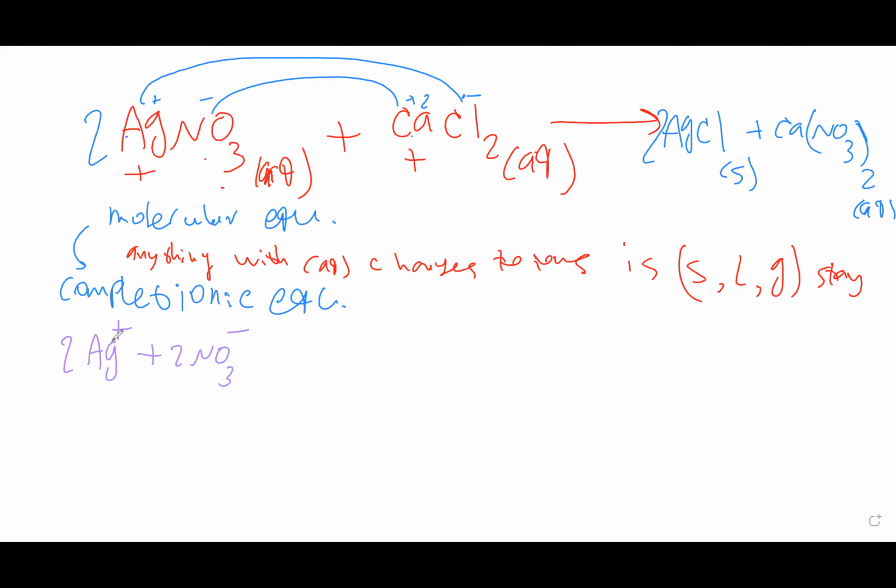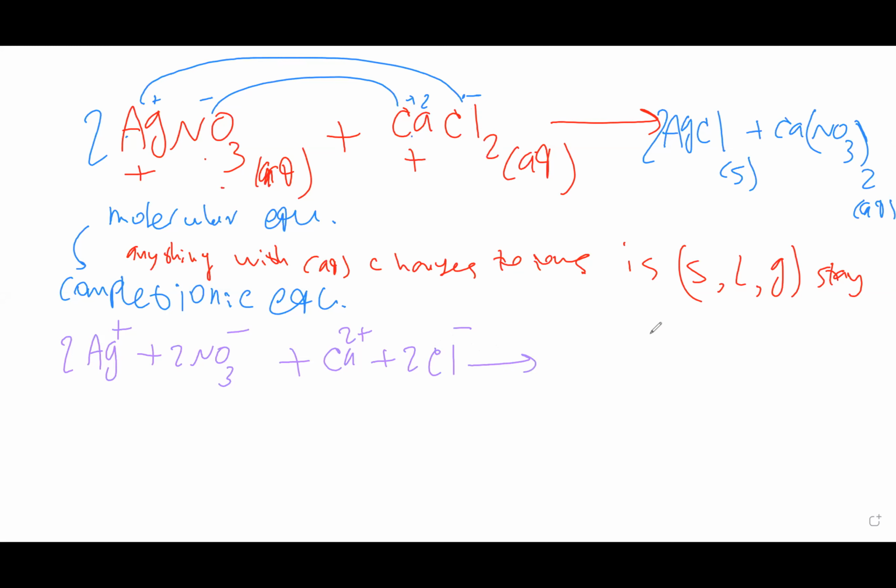I just don't want to be questioned what happened to the 2s. And then CaCl2, separate them, right? If I separate, it's going to be Ca2+ plus 2Cl-. It's not Cl2-, because the ion for chloride is Cl-. So that comes from the previous chapter.